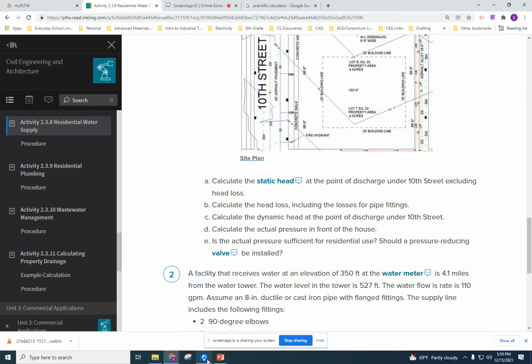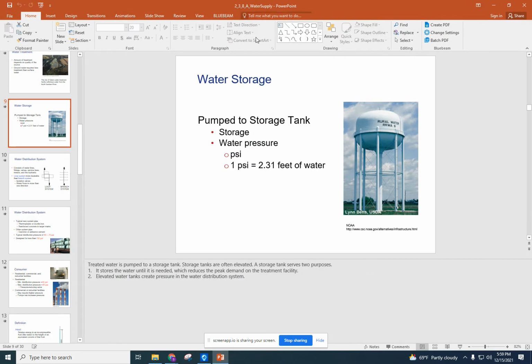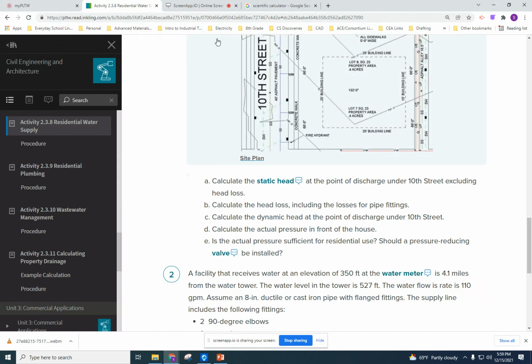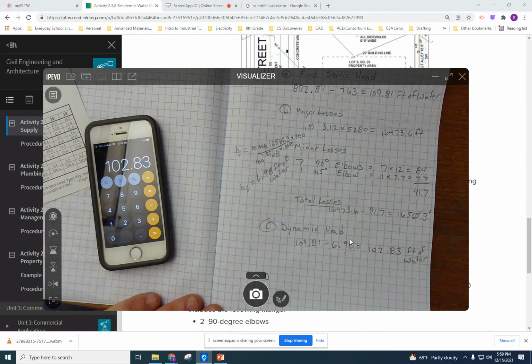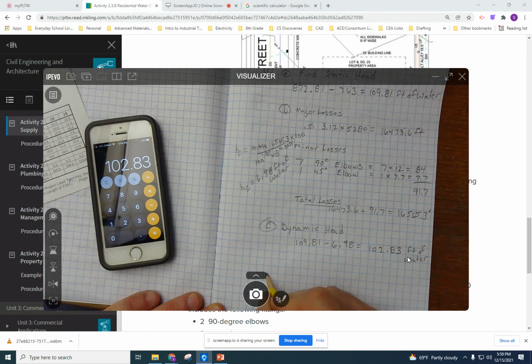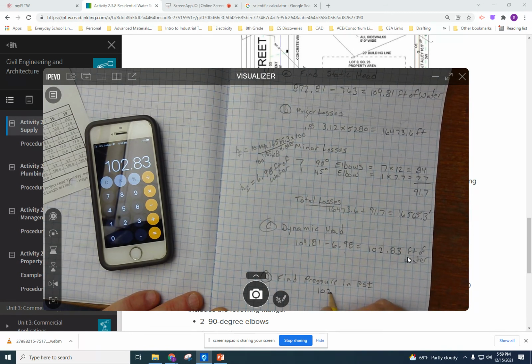Well, using this slide, I'm going to divide what I got here in feet of water, to find pressure in PSI. So I take my 102.83 and I divide it by 2.31 because for every 2.31 feet of water, I get 1 psi.